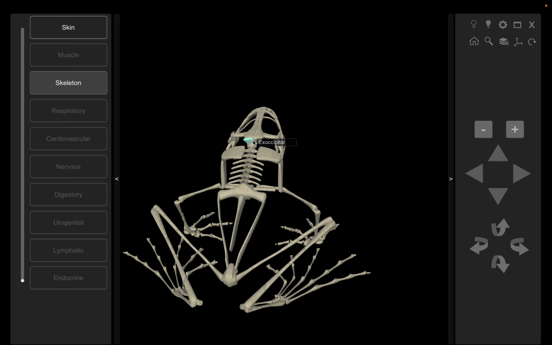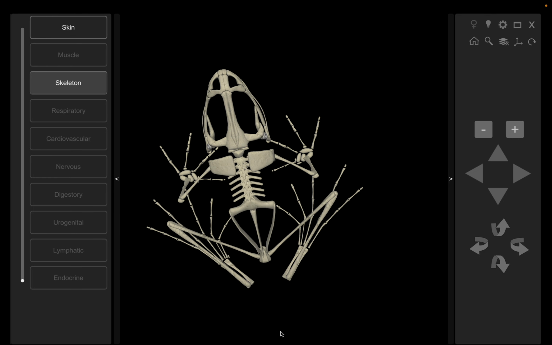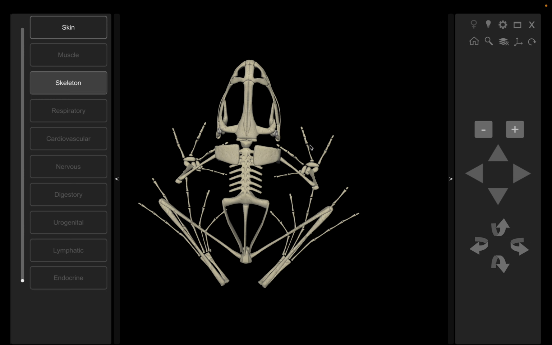Now, moving on to the dermal investing bones that extend to the nasal area of the animal. The dermal investing bones of anurans consist of the paired nasal bones here, the paired frontoparietals, right?